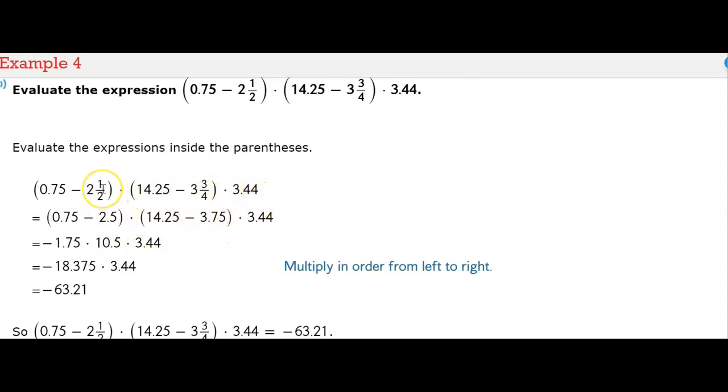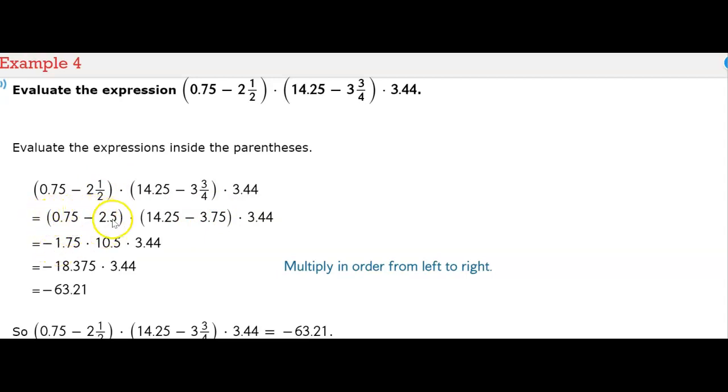What they are showing us is to take these fractions and make them into decimals. So we have 2 1/2 as 2.5, 3 3/4 as 3.75, like 3/4, 75 cents. So after doing that, then they multiply them.